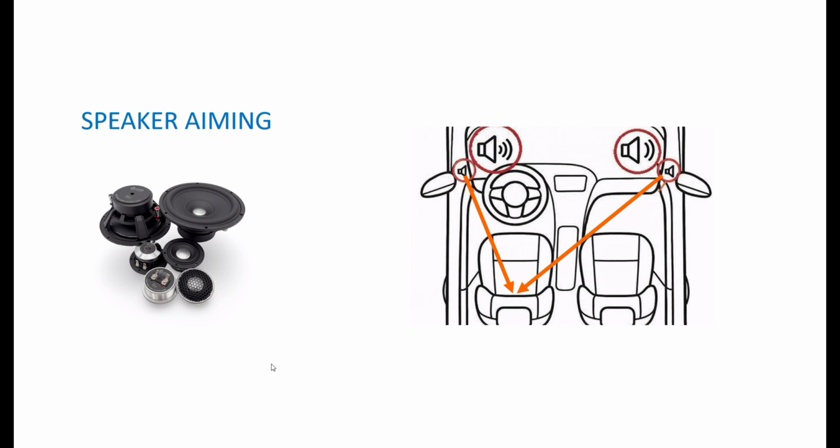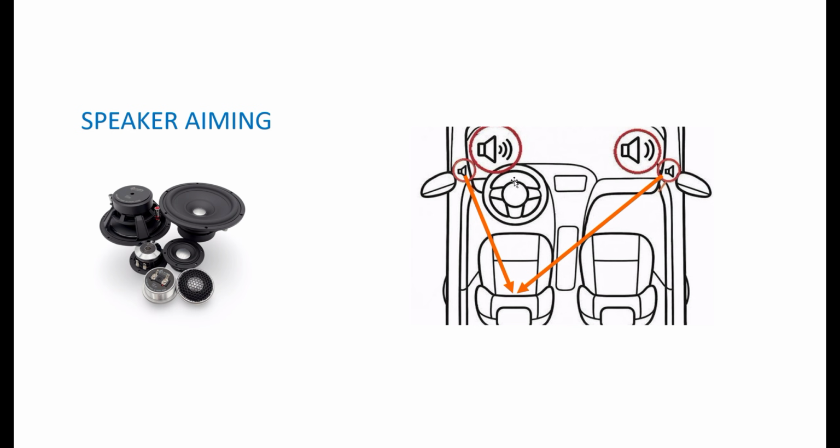Now, if you're doing a one-seat tune, then you basically want to aim the tweeters and the mid-range at the driver's listening position. Well, not directly at the driver's nose, because you have a glass surface here. So you've got to be careful with the angle between the tweeter and the glass surface, because you can have interference from this glass surface and reflections.